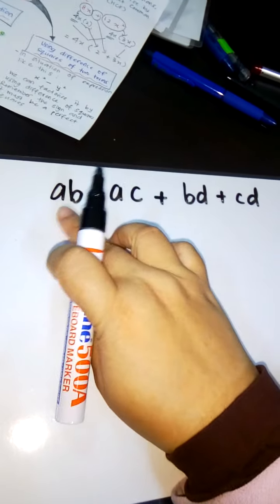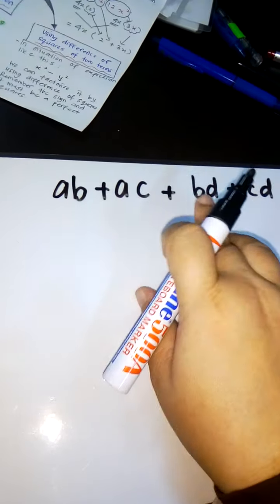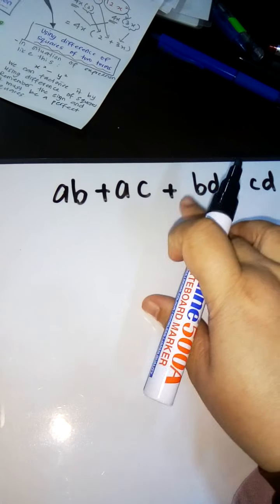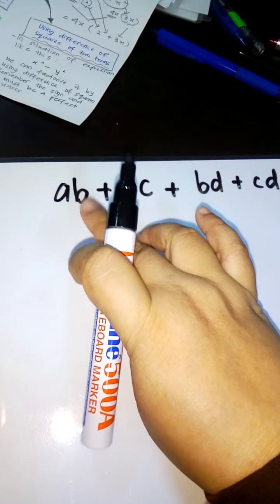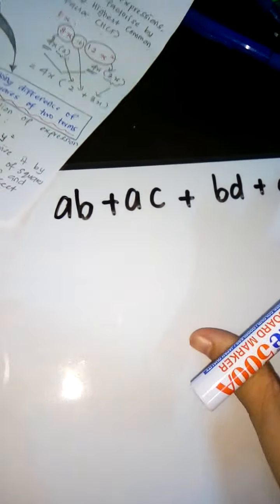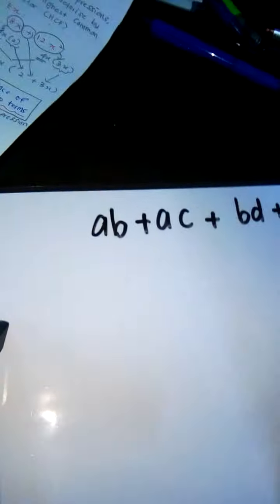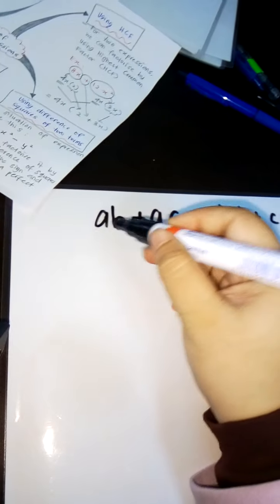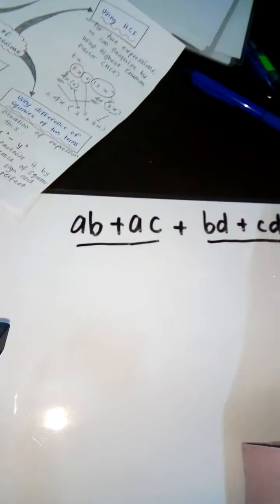For example, I got a and a here, I got d and d here, so this is a group and this is a group. I can also shift it, but we just do it the first way first. So this one I group into one group, and this one I group into the second group.